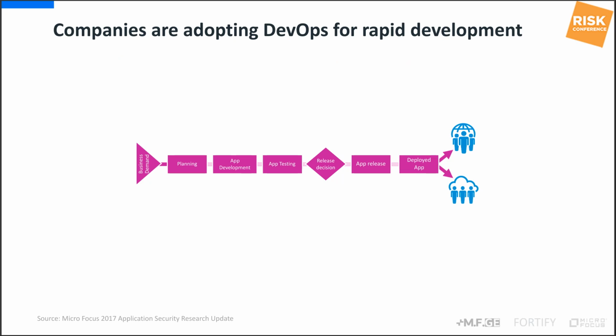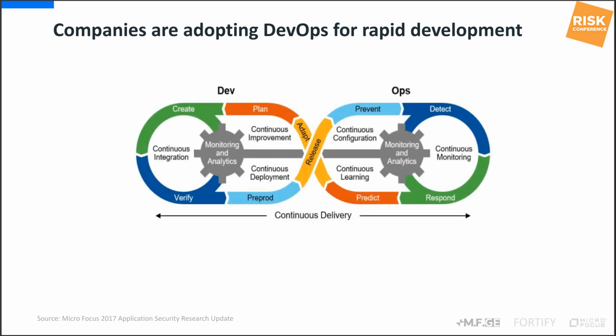Traditionally, software development looked like this. It was called waterfall, where the development stage was very straight and simple. But to keep up with the increasing demand, many businesses are adopting DevOps as the preferred approach for rapid development and continuous delivery of applications.